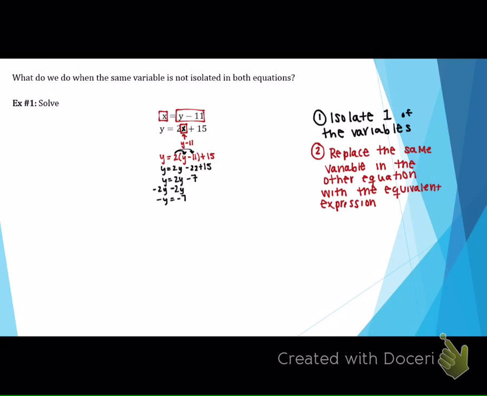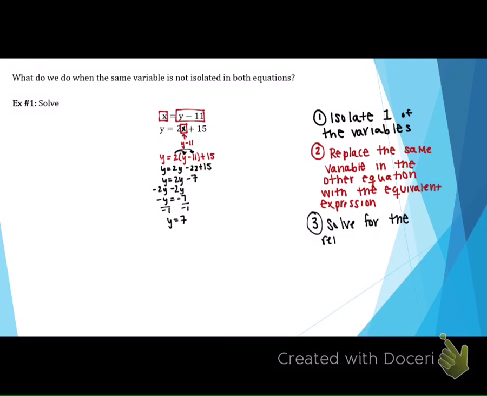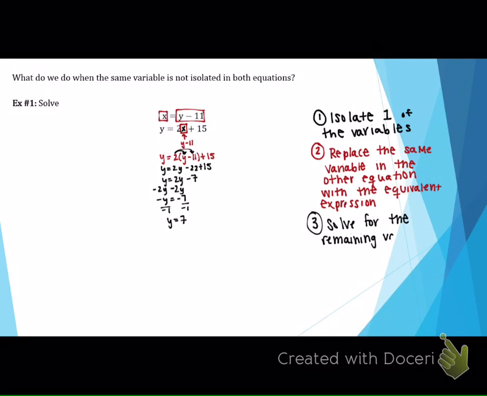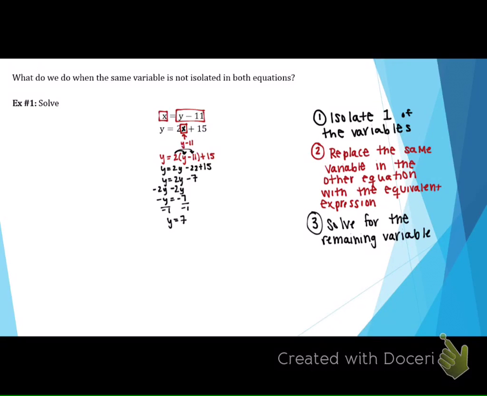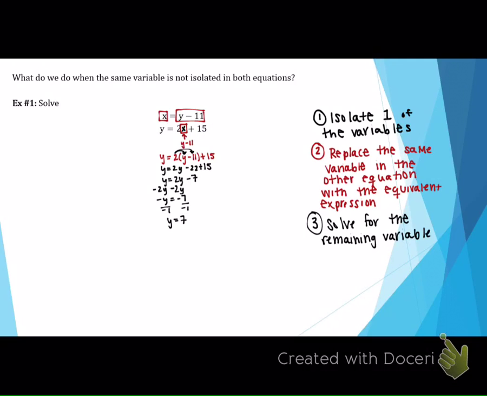Are you done? Now you divide by negative 1. Good. So your next step here is to solve for whatever variable remains. That's the third step there, is just to solve for that remaining variable like we did.